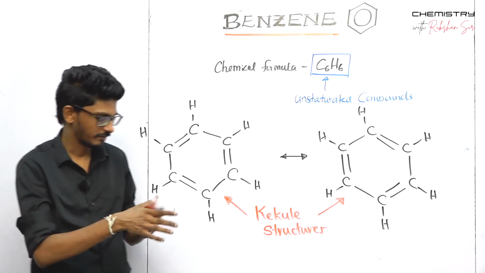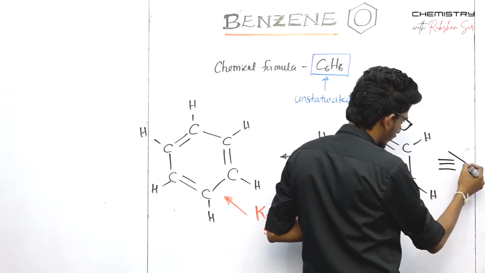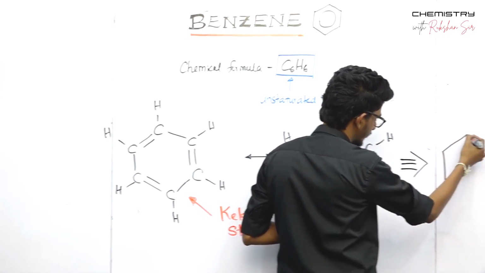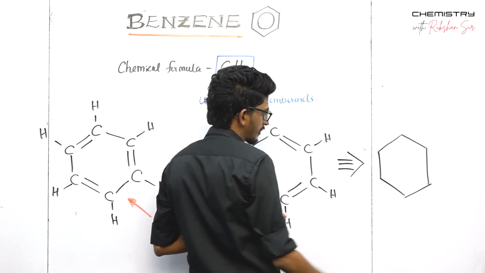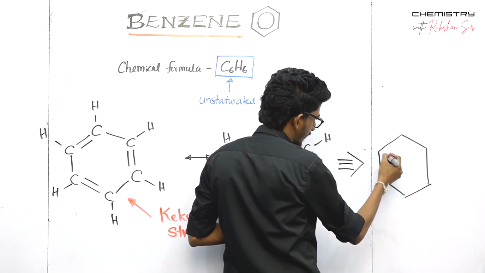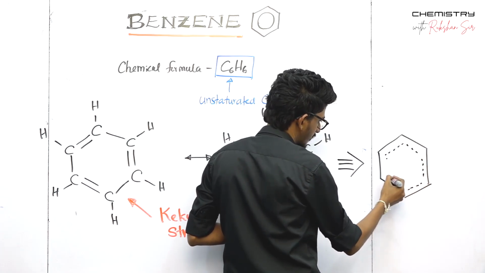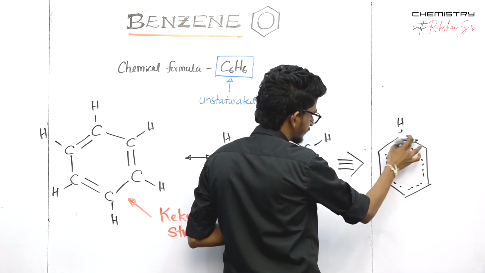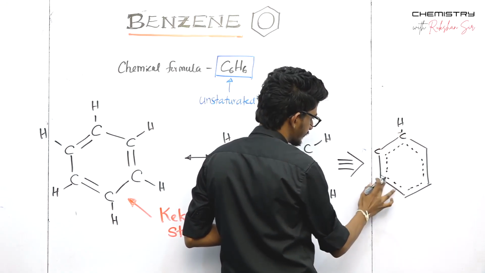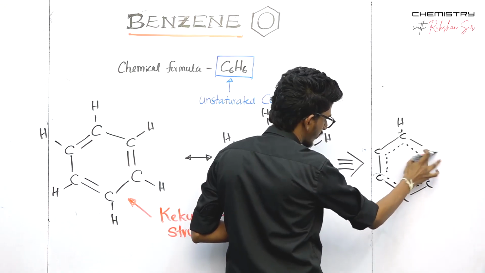So one can represent the hybrid like this, with six carbons appearing at the six corners.